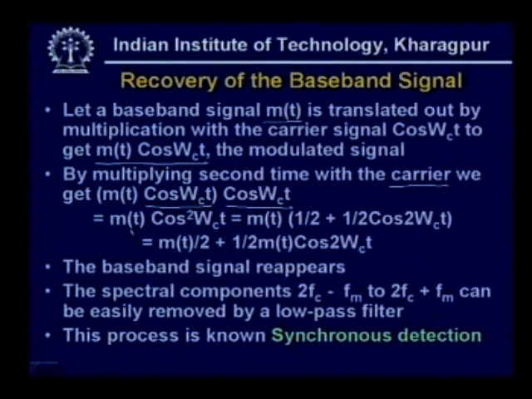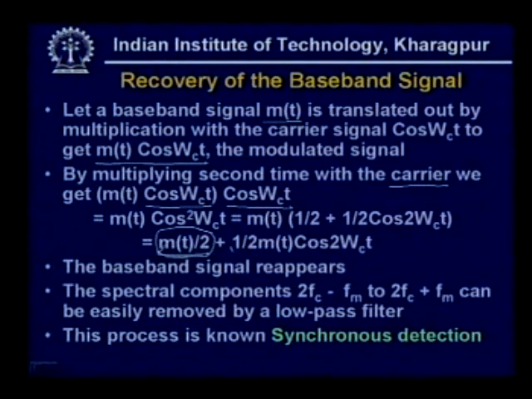We get m(t) cos² ωct, which can be expanded to m(t)/2 plus m(t)/2 cos 2ωct. So, we find that it has two components. One is m(t)/2, another is half m(t) cos 2ωct. So, we observe that the baseband signal has reappeared here.